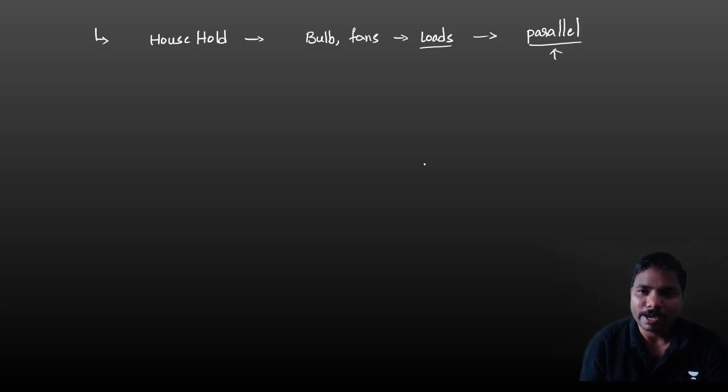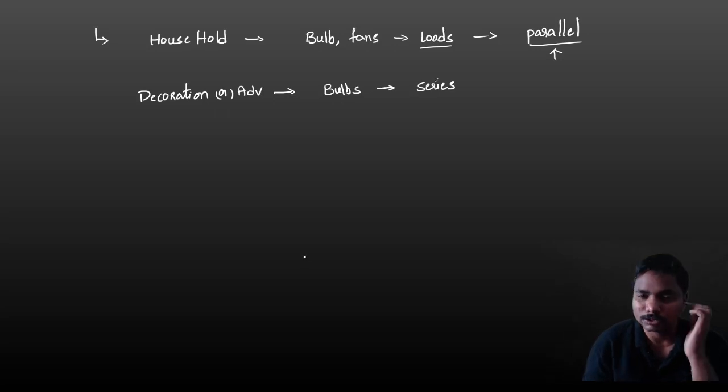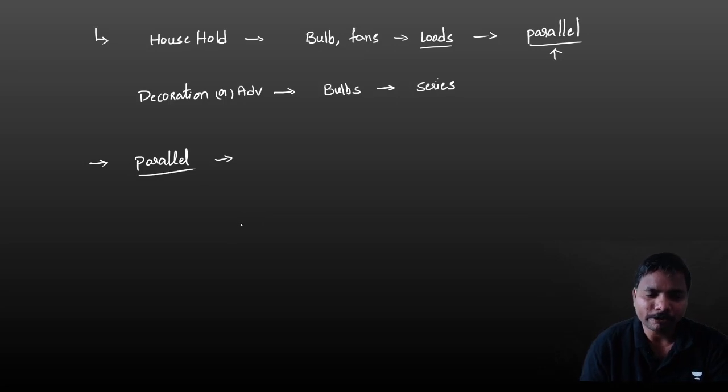In some decoration or advertising purposes, the bulbs are generally connected in series connection. So here two points are important. The first point, in case of parallel connection.